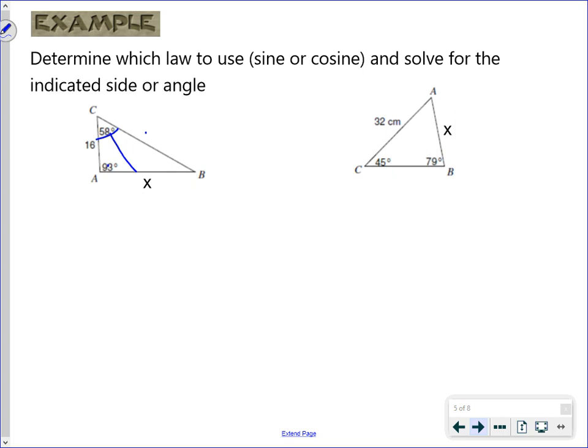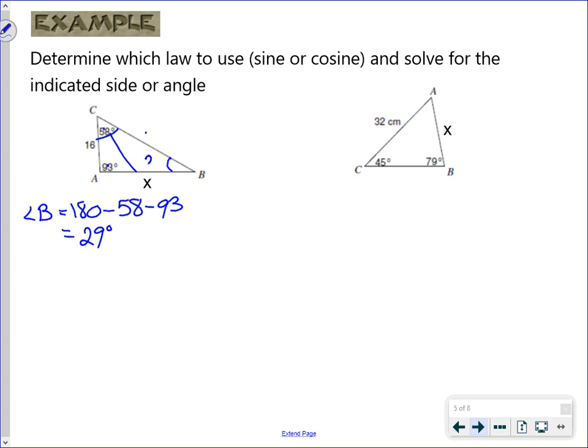But we can still use the sine law because we are given two angles, and we can easily figure out this third angle of B just by using 180 degrees. So angle B is 180 minus 58 minus 93. When we calculate that, we'll get 29 degrees.